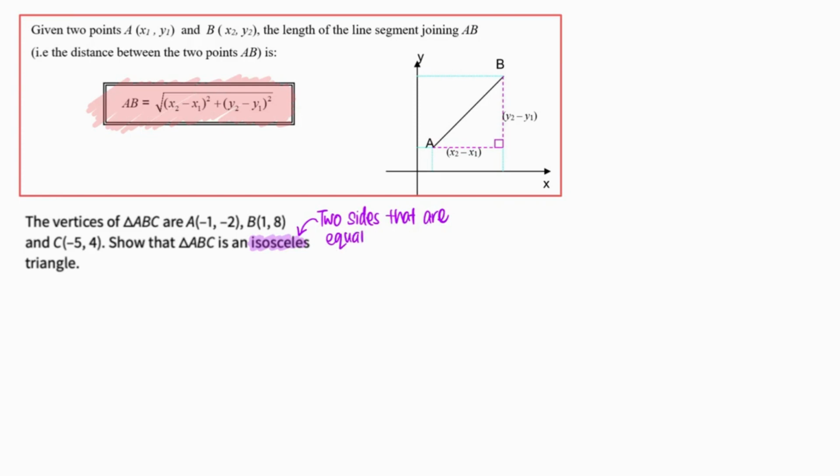Meaning that for this particular question, all we have to do is make use of this formula to find all three lengths of this triangle, and if there are two sides that are equal, we have successfully proven and shown that triangle ABC is an isosceles triangle.